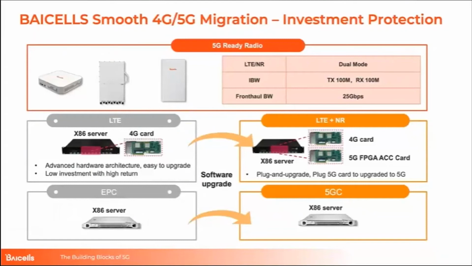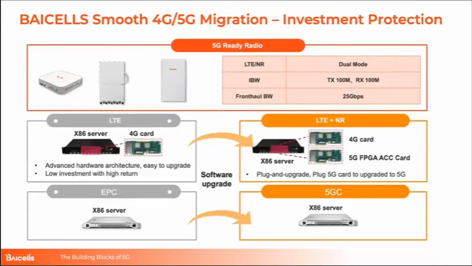All right, now at Baicells, of course we are utilizing all the 5G standards and the 5G technology. We have products that, when it comes to the radio part, support both LTE and 5G technology. In the distributed unit, we have the RRU right here, and then we have the BBU.